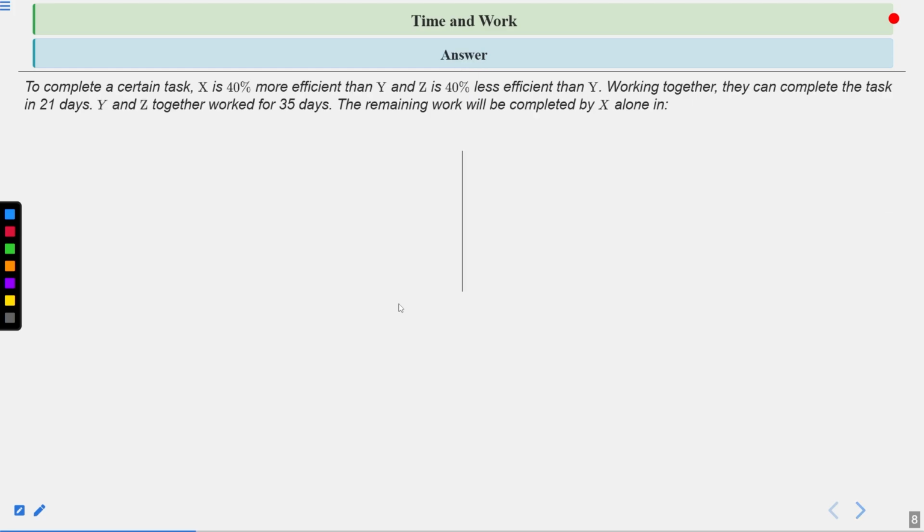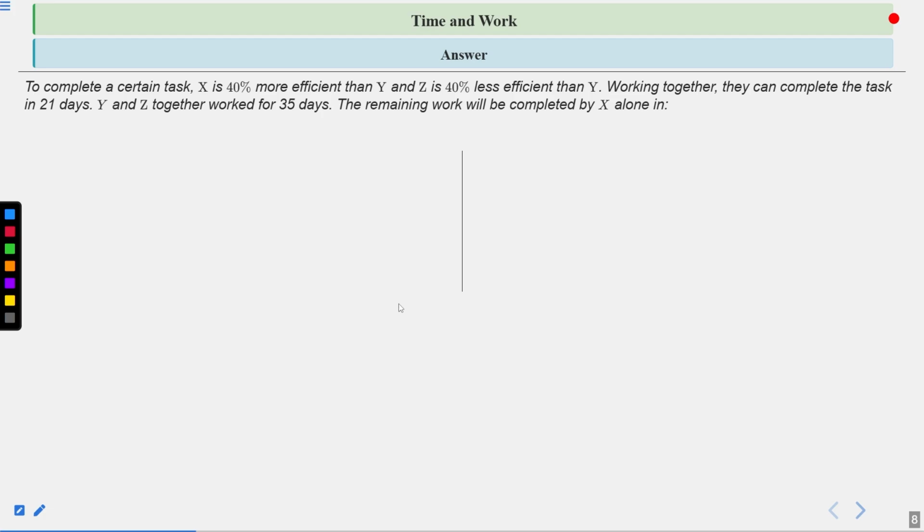So the question says that X is 40% more efficient than Y and Z is 40% less efficient than Y. It means if we let the efficiency of Y be 100, then the efficiency of X is 140 and the efficiency of Z becomes 60. Now, the question says that working together, they can complete the task in 21 days.